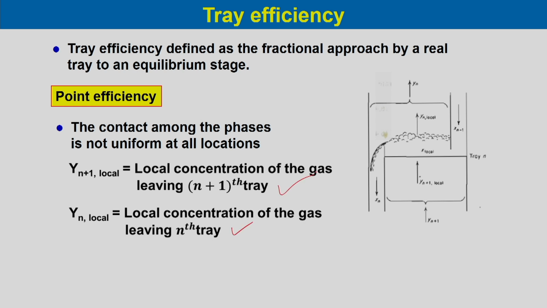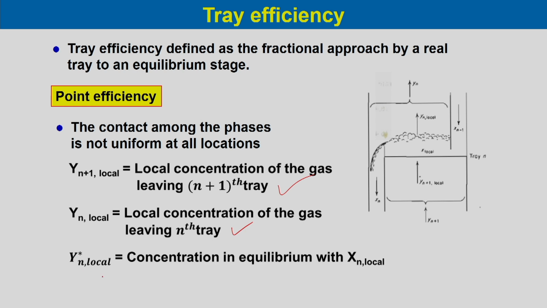So, these two are local concentrations, and Yn star local is the concentration in equilibrium with Xn local.